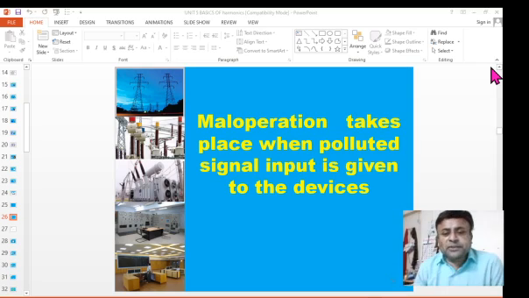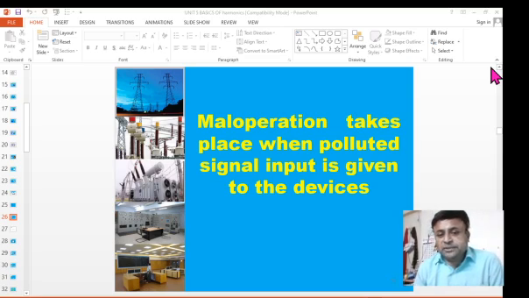Then we saw what the maloperations are. When a polluted signal is applied to any device, it starts behaving erratically. For example, a numeric relay will give an unnecessary tripping pulse, which is not desired, when there is no fault, because of harmonics.